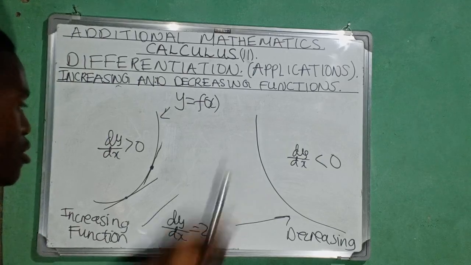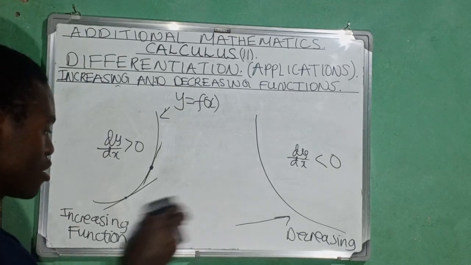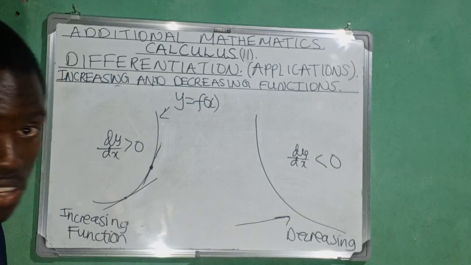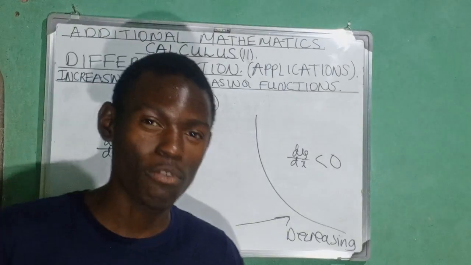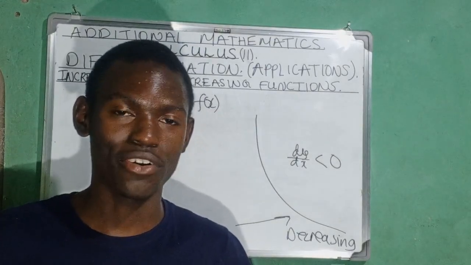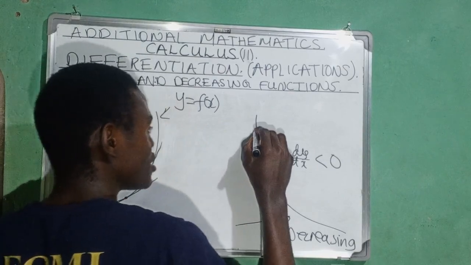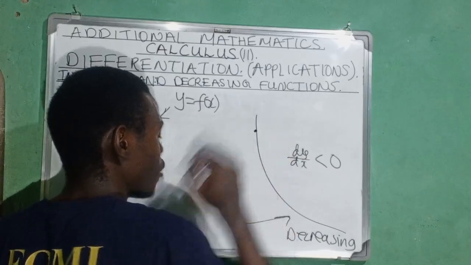And then let's go to the decreasing function. So for the decreasing function, if we're told to find the gradient of a particular point that is along the curve, for example, a point right over there, what do we do?